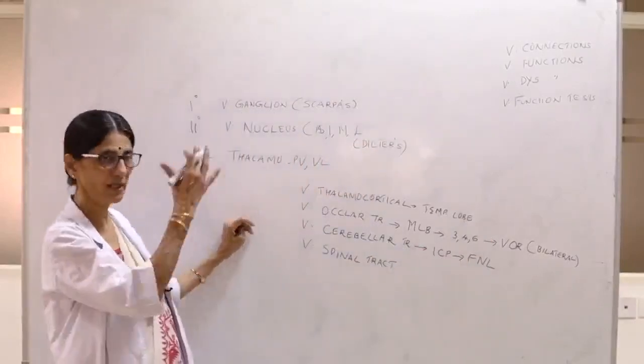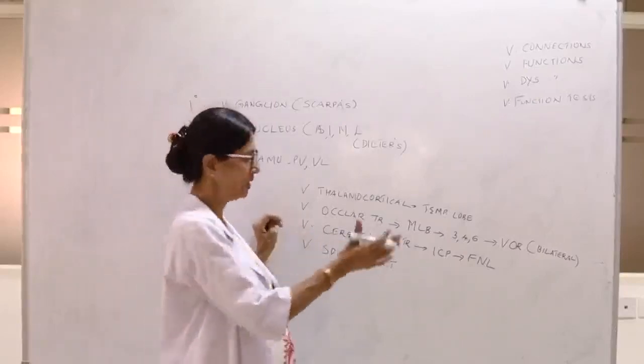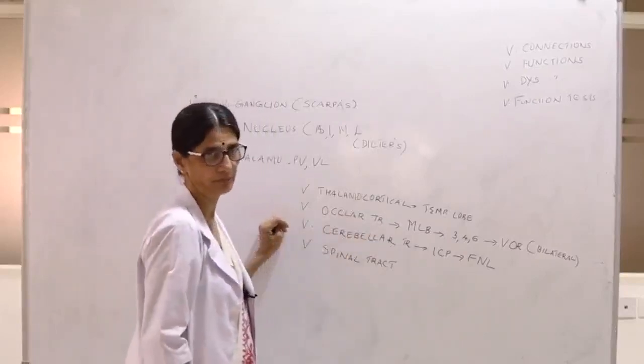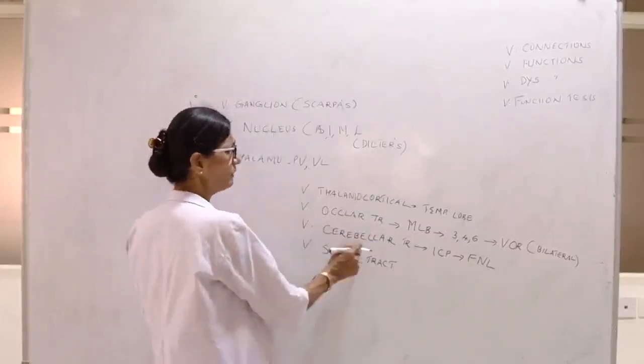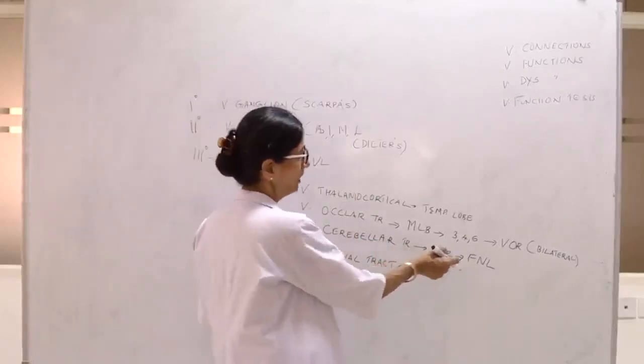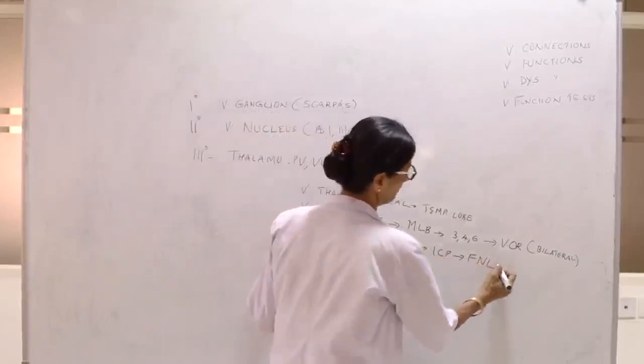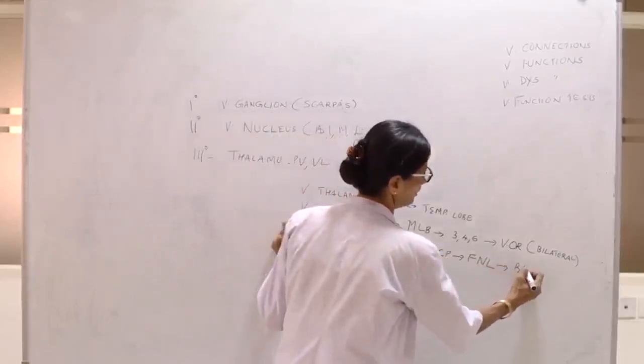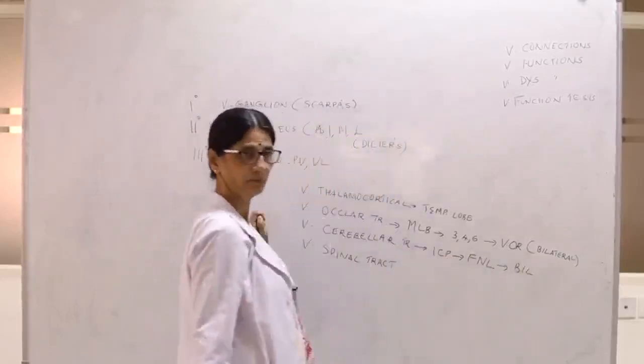The efferents also arise back from the same nucleus to the vestibular nuclei. So we have the vestibulocerebellar tract via the inferior cerebellar peduncle to the flocculonodular lobe of the cerebellum. Again this is bilateral, which means it is going both sides.